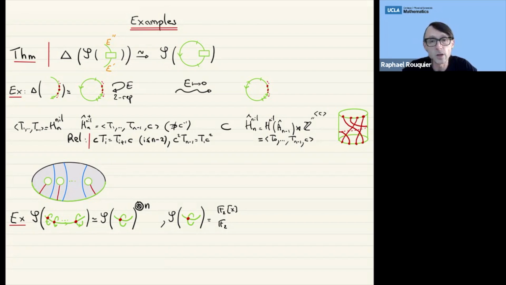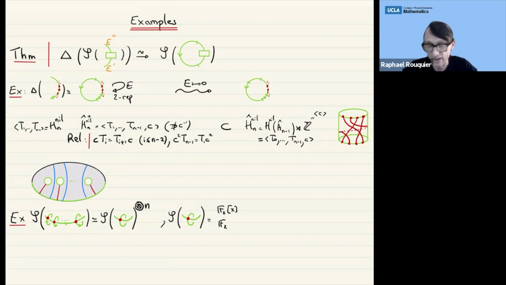You end up with singular braids drawn on a cylinder, as in the picture on the right side. If you were to look at honest braids, you would get the annular braid group.